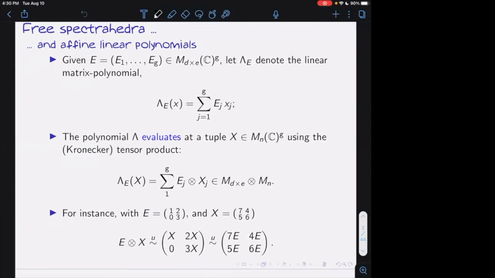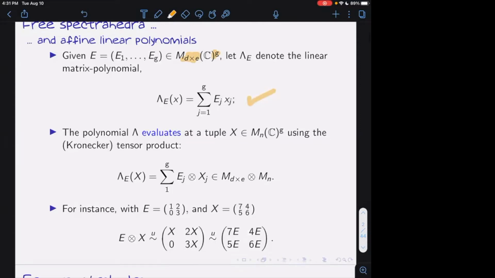So we'll fix throughout the talk: g will be a positive integer. And we'll use M_{d×e} for d by e matrices with complex entries. Given a g-tuple A of such matrices, we'll let Λ_A denote this linear matrix polynomial, thinking of x_j as just some variables.